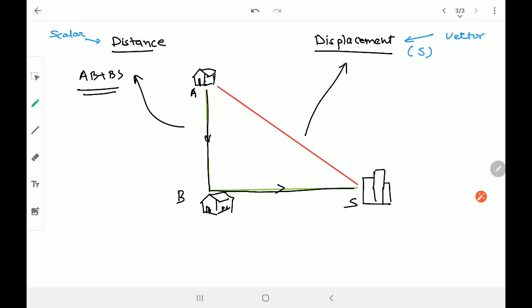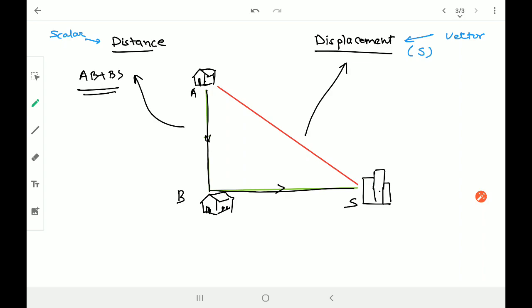Direct distance from my house to the school is called the displacement. So let's talk about the definition. Distance is the length of the path covered. So I went from A to B and then B to S, that is called the distance.